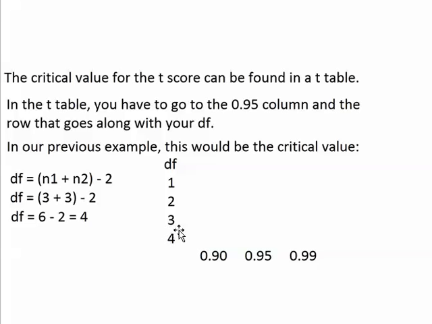Since it's 4, I go to row 4. I go to my 0.95 column, because I told you that you always go to 0.95, typically. So our critical value is 2.776. That's our cutoff that our t-score needs to reach in our study.